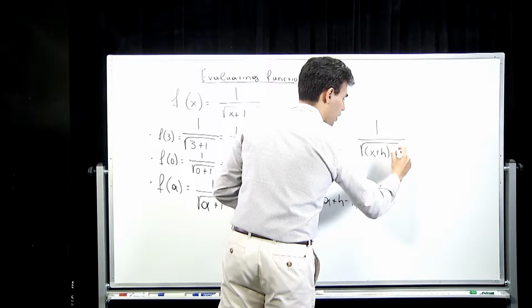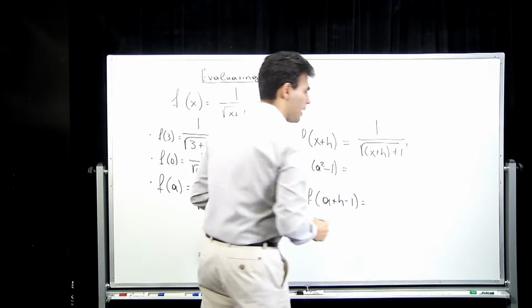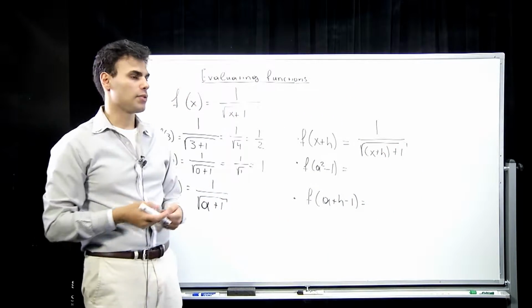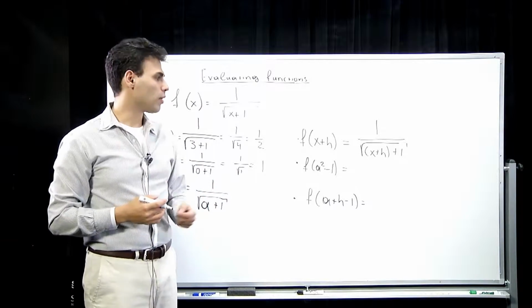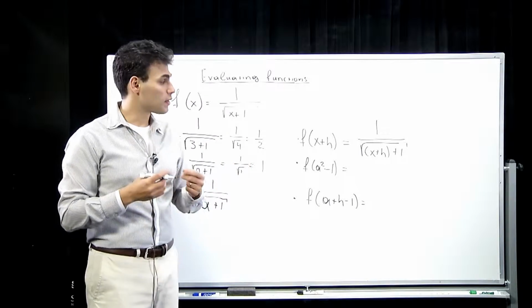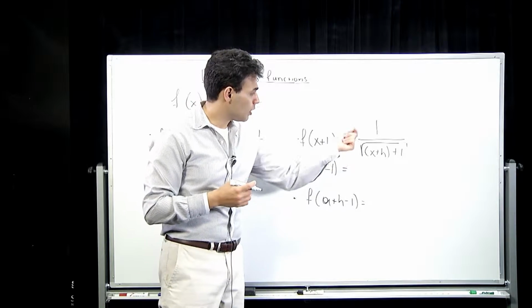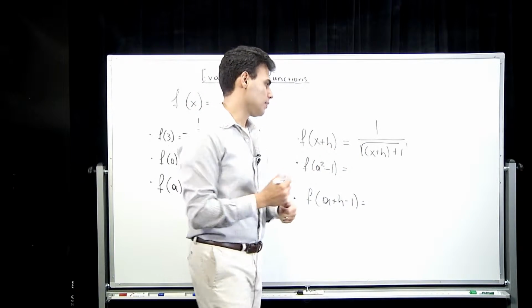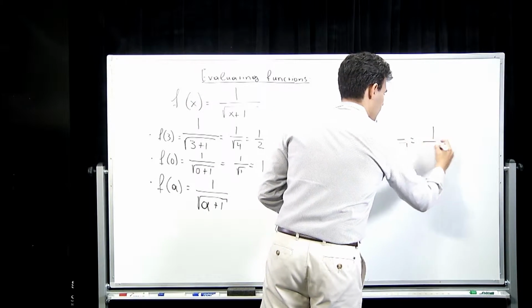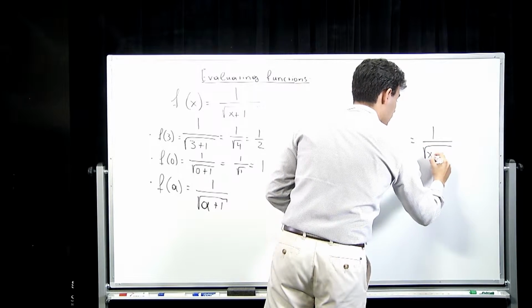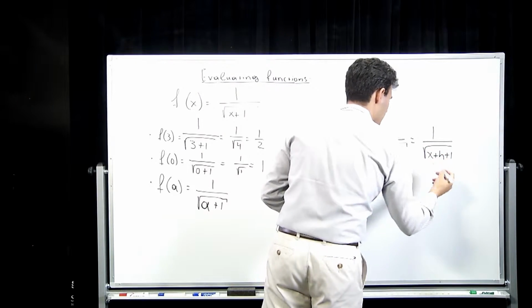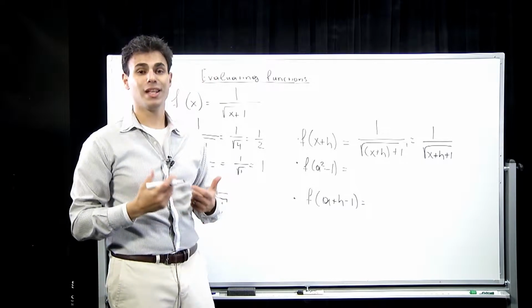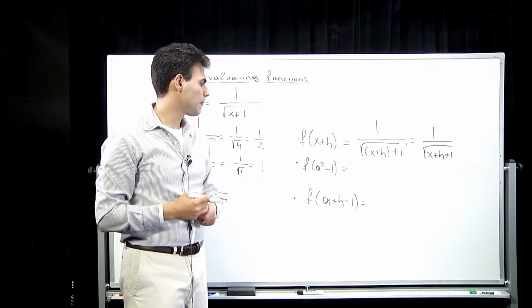If it helps, put it in parentheses. And again, you're not supposed to calculate x, or find y or h or whatever it is. You're just supposed to replace x with x plus h. The only thing you can do is drop this parentheses, and that is it. That algebraic expression is f of x plus h.